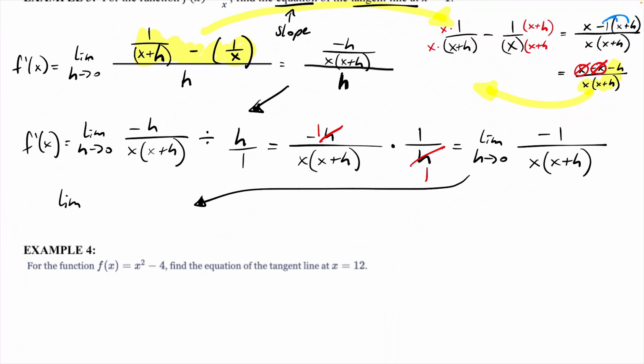What happens when you plug in 0 now for h? You get negative 1 over x to the second power, right? So the derivative is negative 1 over x squared.